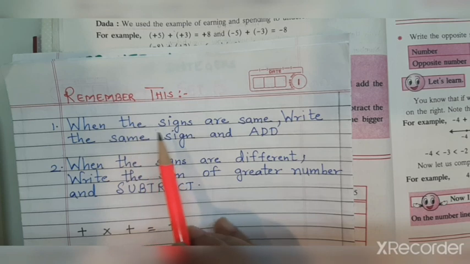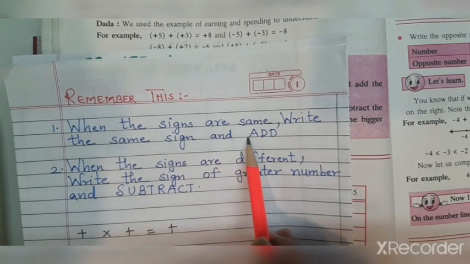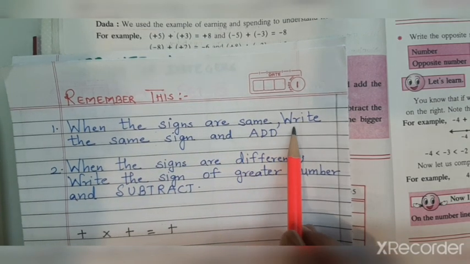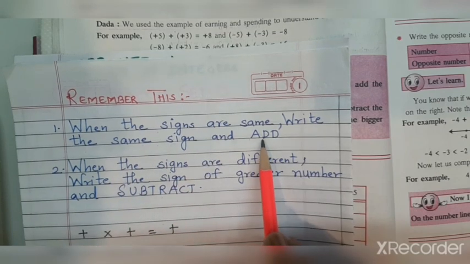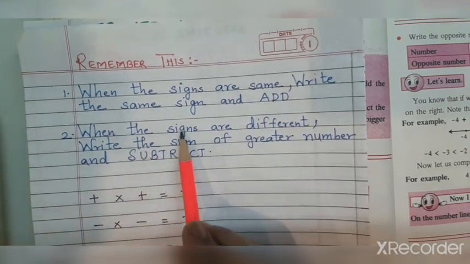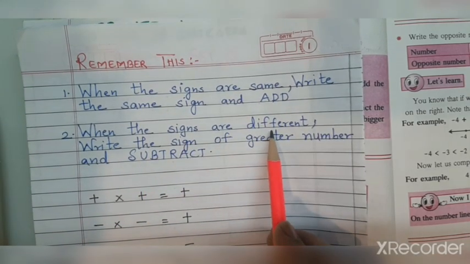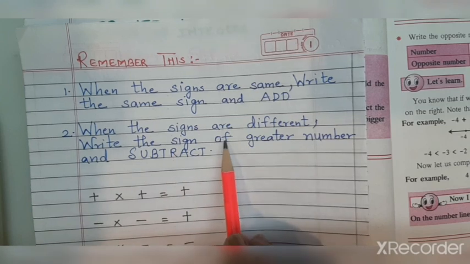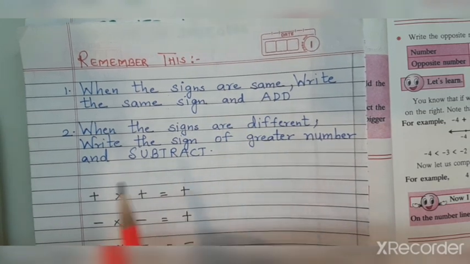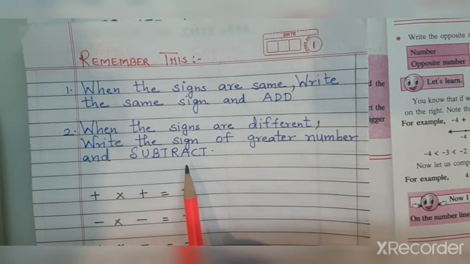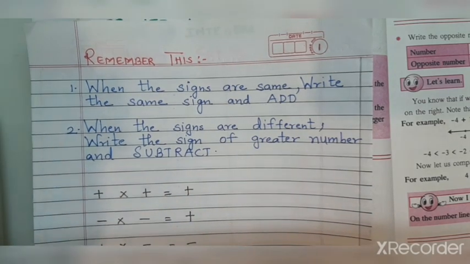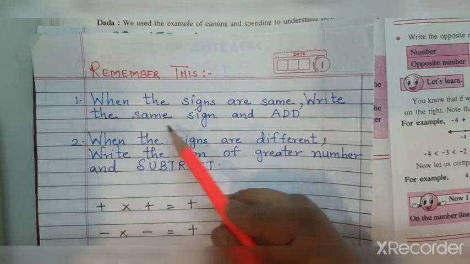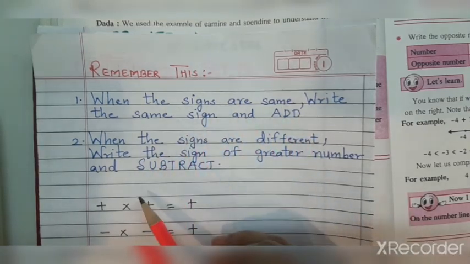When the signs are same, write the same sign and add. When the signs are different, write the sign of the greater number and subtract. When I am solving the practice set, I will explain in detail with these statements.